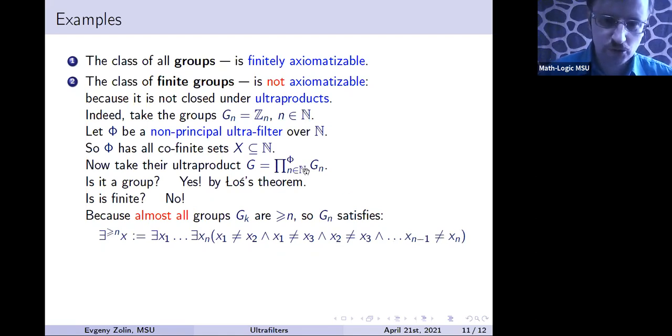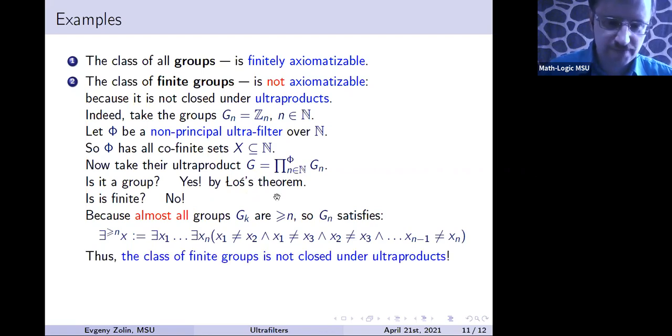So almost all groups have at least 10 elements, almost all from the viewpoint of our filter. Therefore, G satisfies this formula. So for every n, our group G satisfies this formula. Therefore, it has at least n elements for every n, so it is infinite.